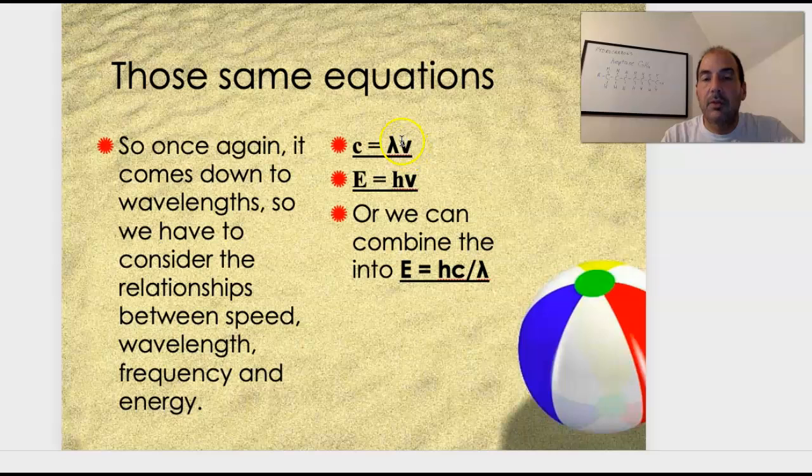c equals lambda nu, where lambda is the wavelength, nu is the frequency. E equals h nu, where h is Planck's constant and nu is the frequency.